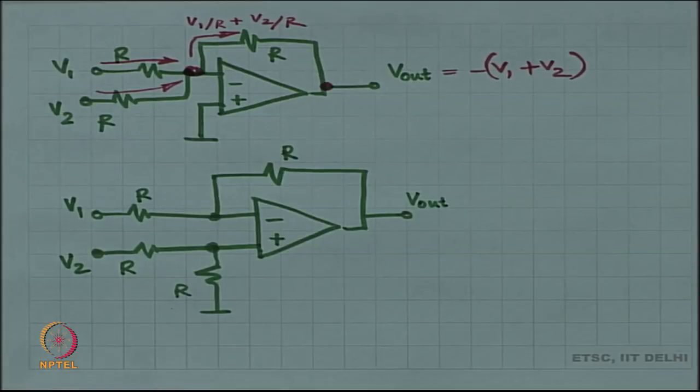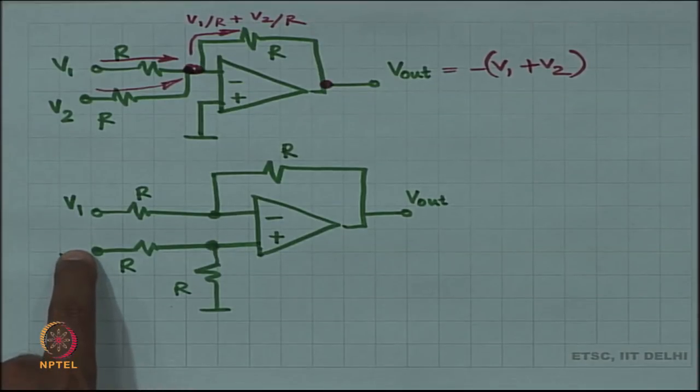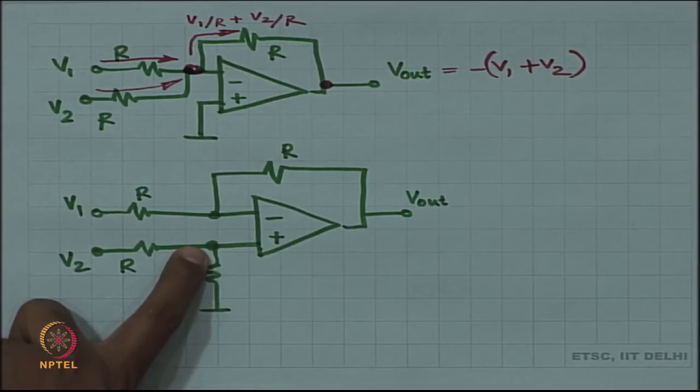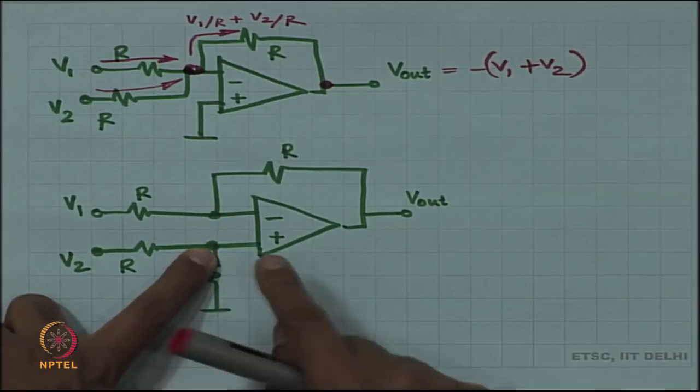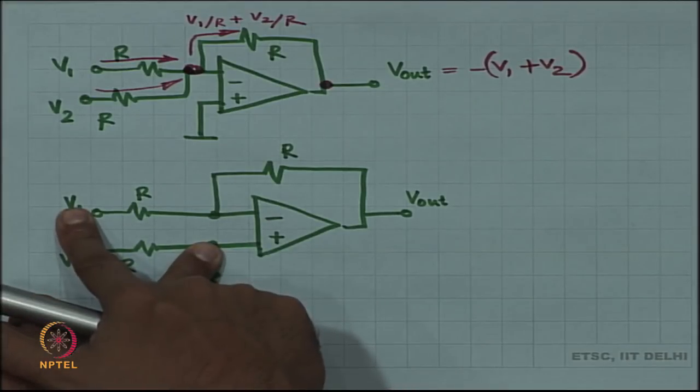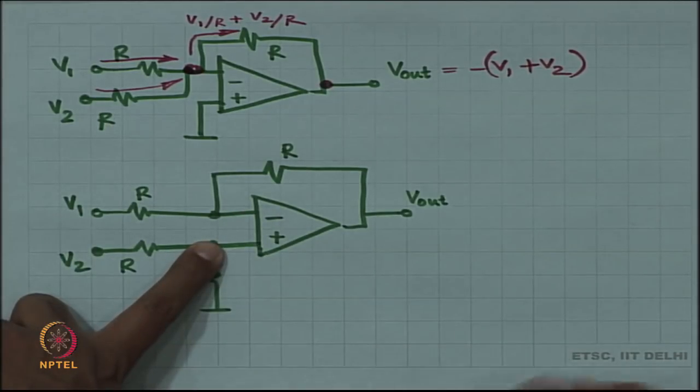Whenever things get complicated, you start using superposition as opposed to your traditional analysis, and superposition works very well with op amps. You silence the voltage sources one by one. First you silence V 2, which means V 2 becomes 0 volts. If V 2 is 0 volts, then the plus terminal, which is in between, is also going to be 0, and then it falls back to the same old circuit. Plus terminal is at 0, I apply V 1 through R, which means that V out is just going to be minus V 1.